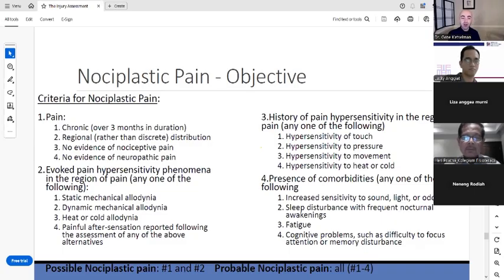And there's a painful after sensation reported following the assessment of those things. So you test a posture, a movement, a load. They may or may not have pain during that test, but then they're going to complain of pain afterwards. They're going to complain of these latent symptoms, pain that comes on either a little bit or a long period of time after you did the test.